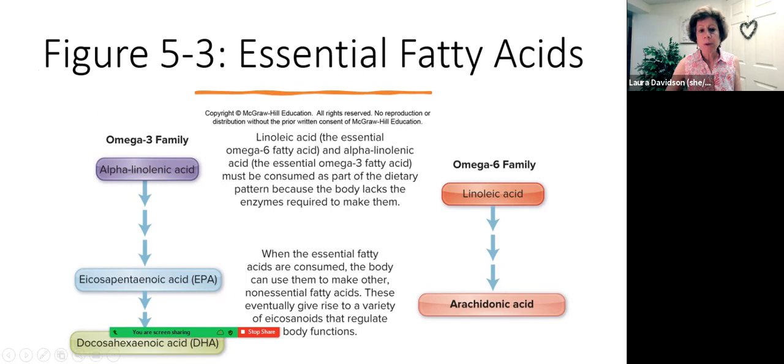But the ratio also seems to be important in that omega-3 fatty acids, the types of eicosanoids that are produced from them, tend to lower blood pressure, act in an anti-inflammatory fashion, and thin the blood. These are all effects that are positive in terms of decreasing your risk for chronic diseases.